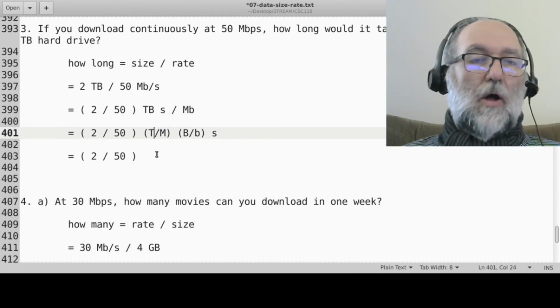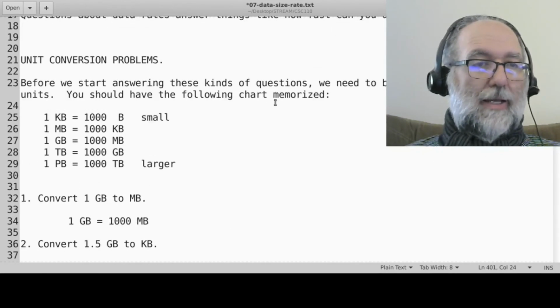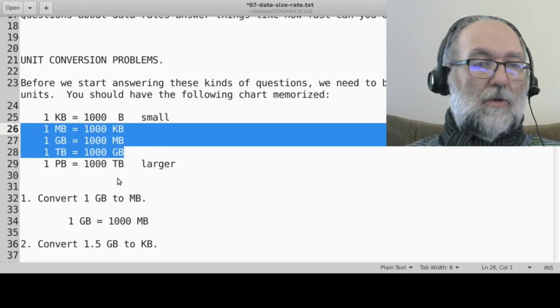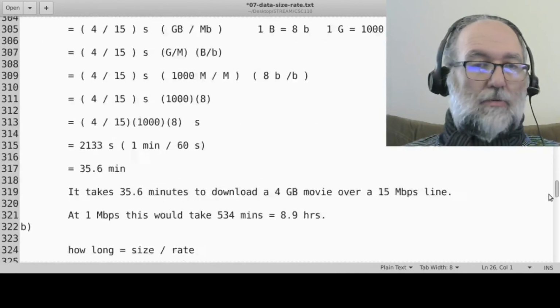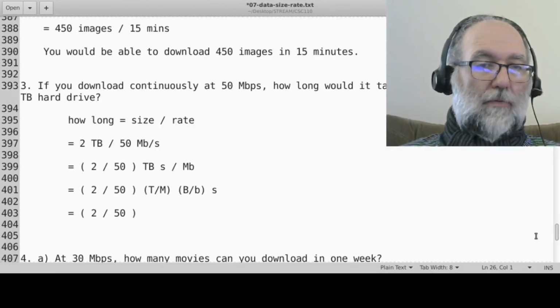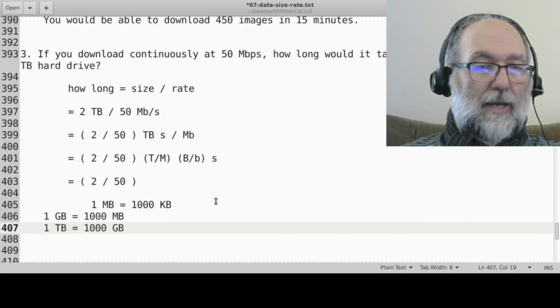Well, let's go back all the way to that metric prefix at the very beginning. So let me just copy and paste these. We're going from tera to mega like that.